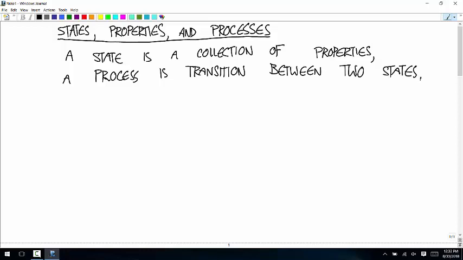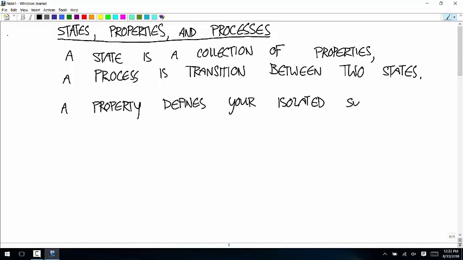Okay, so a property is just a thing that describes whatever you're isolating, whatever thing you're looking at, at a single instant. So your isolated system at an instant.